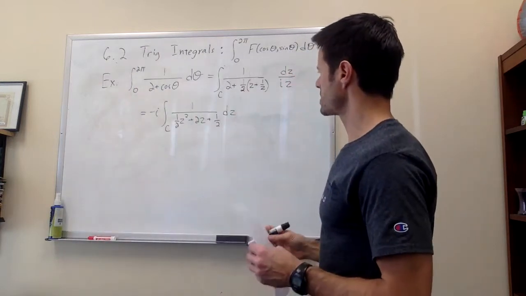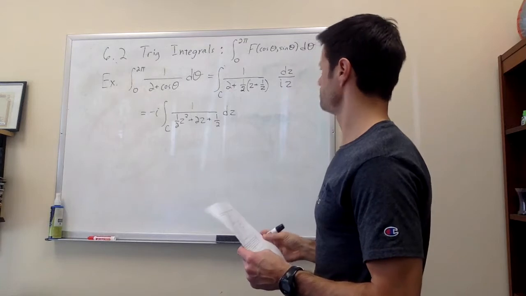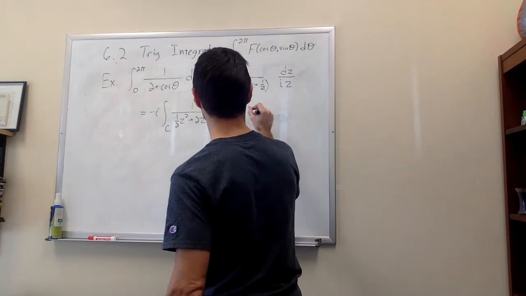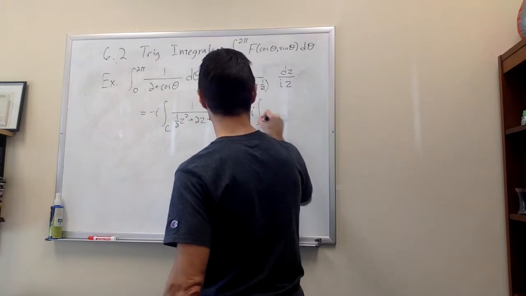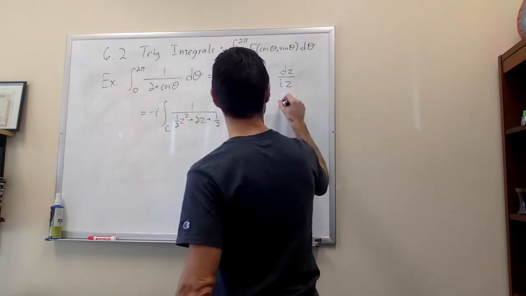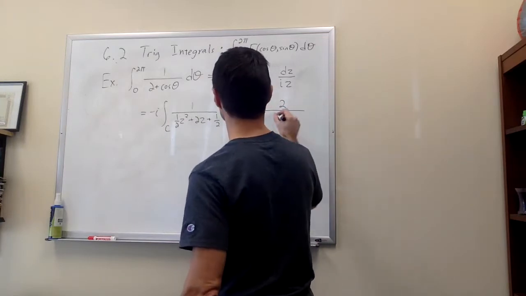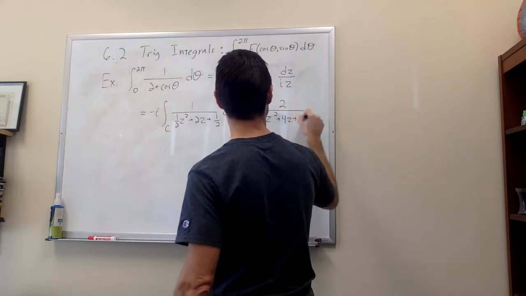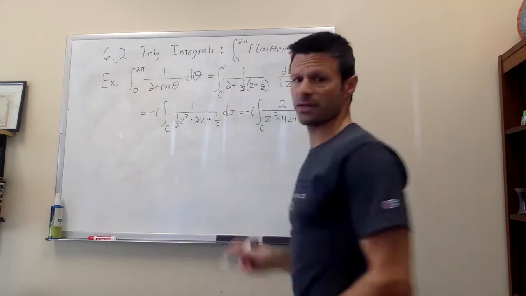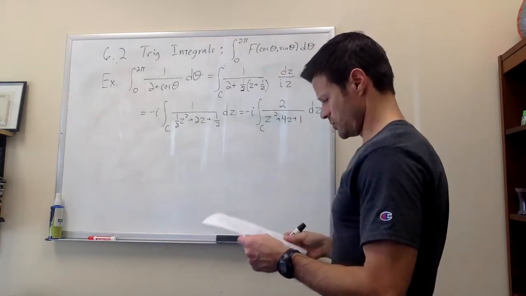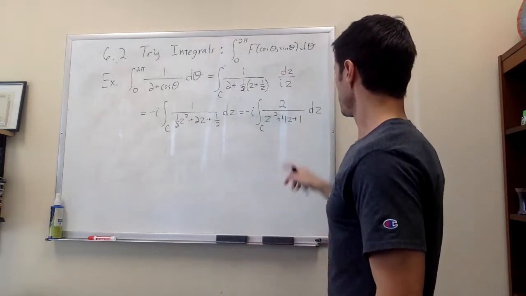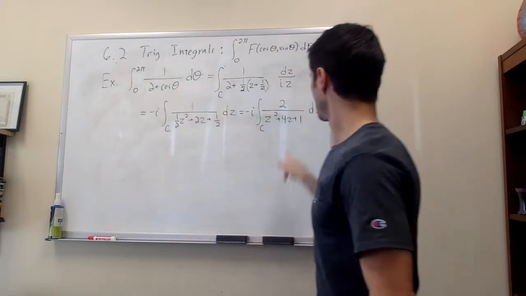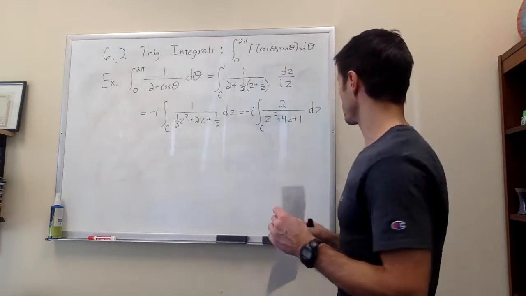If I multiply the top and bottom by 2, I'll get rid of the fractions in the denominator. This is equal to minus i integral over C of 2 divided by z squared plus 4z plus 1 dz. I could factor out the 2 as well, but I'll leave the 2 there. So now we've converted our real trigonometric integral to this complex contour integral.